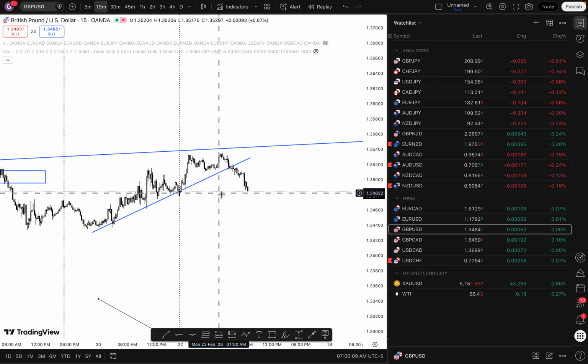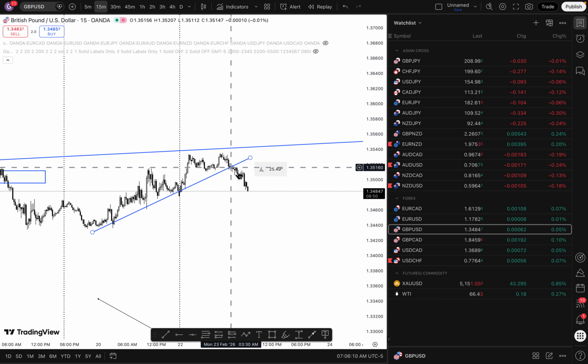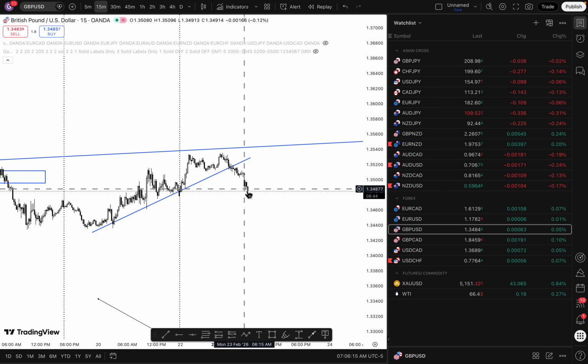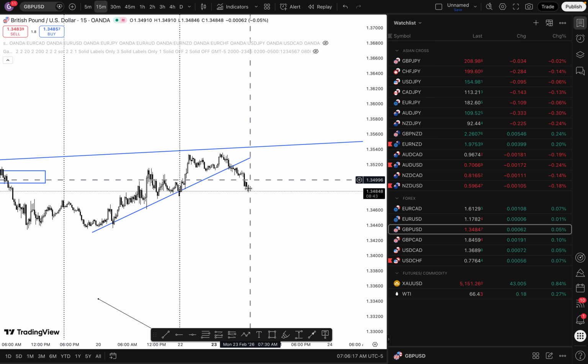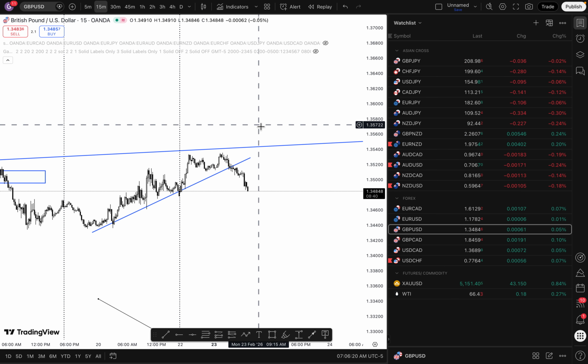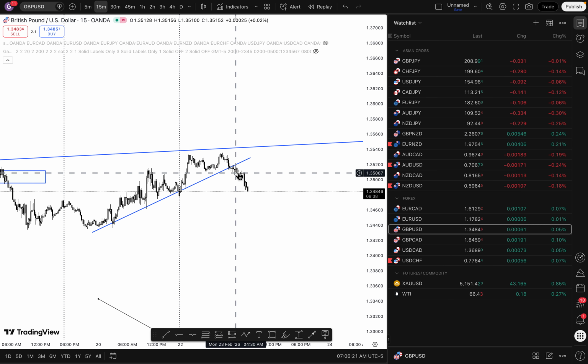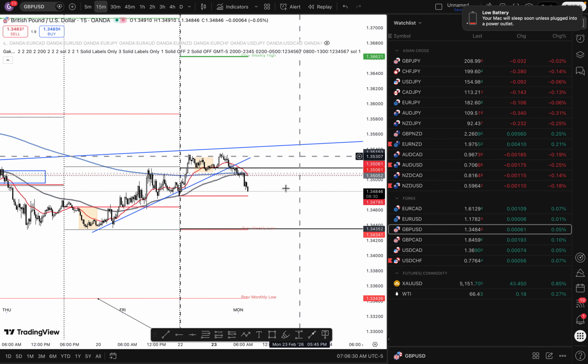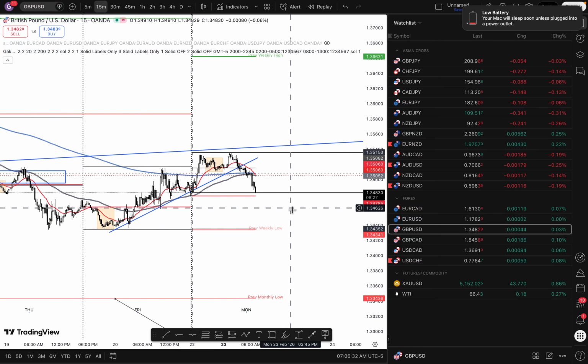Okay, if you are to buy this market, we must make sure in the US session the market starts closing back inside of London. Okay, and it should come with maybe a gap bar from the EMA. Okay, but for now it is showing signs of a failed signal, so this market may fail.